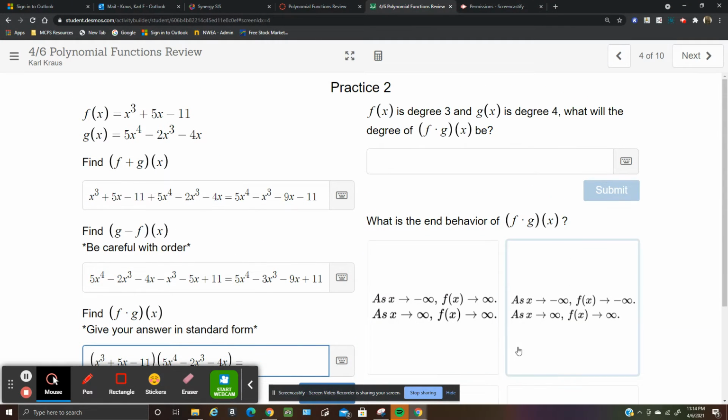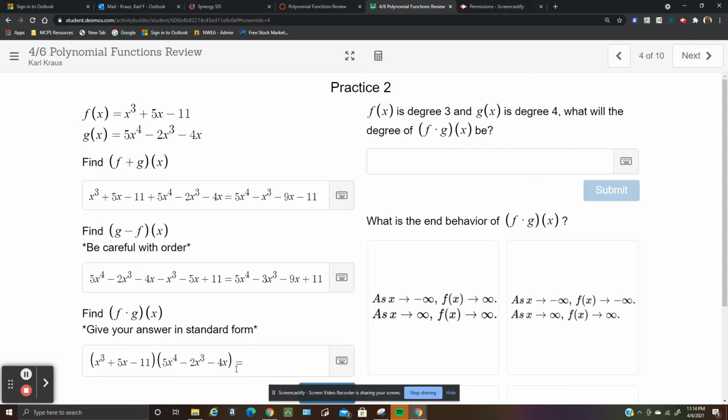I'm going to have 5x to the seventh, minus 2x to the sixth, minus 4x to the fourth.